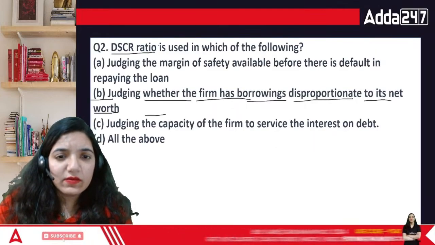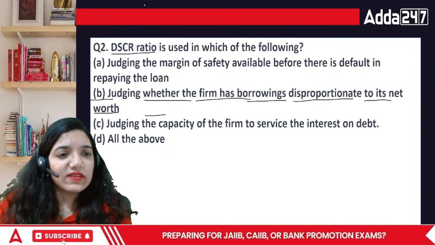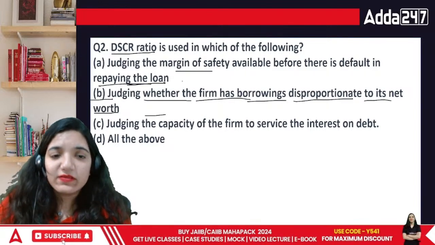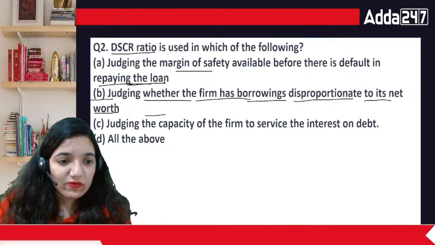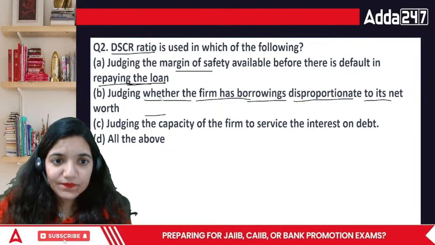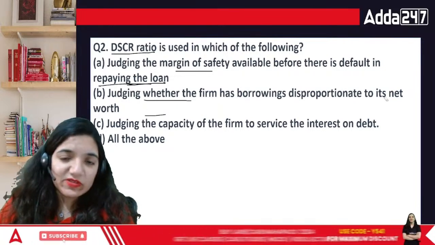No, no, judging whether the company has... no, the answer has to be A itself. Margin of safety regarding default and repayment. No, it is related to repayment of loan only. So the answer is A only. B talks about disproportionate borrowing. It doesn't talk about disproportionate borrowing.